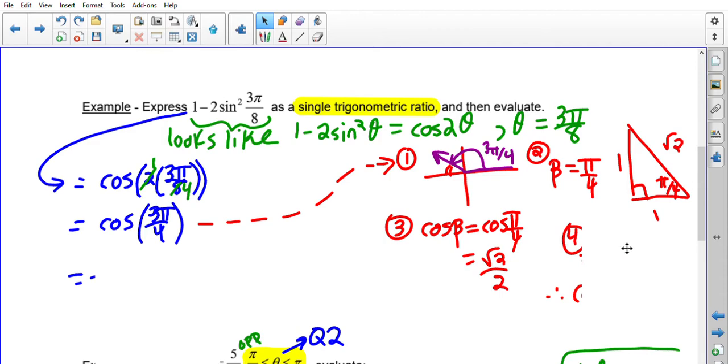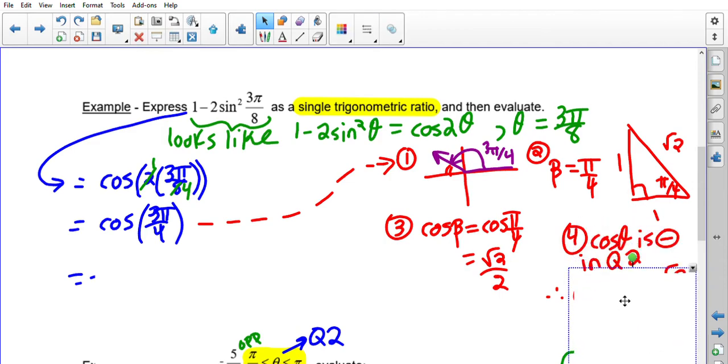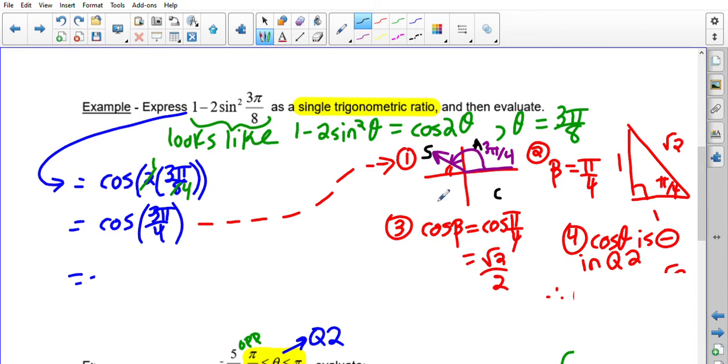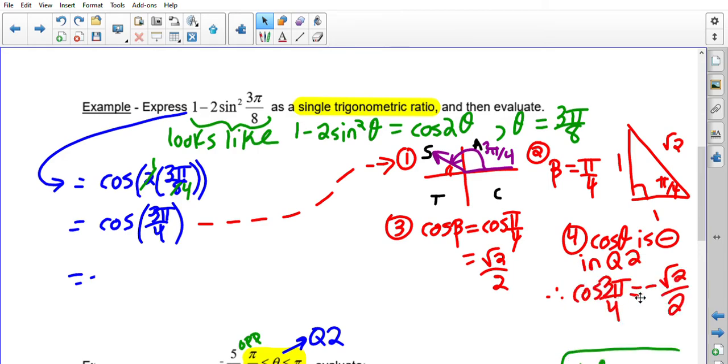And lastly, we have to analyze the CAST rule. So cos theta, based on the CAST rule, so I'm going to draw it in here. C-A-S-T. So cos is negative in this quadrant, so that means the value of cos 3 pi over 4 is going to be negative root 2 over 2.